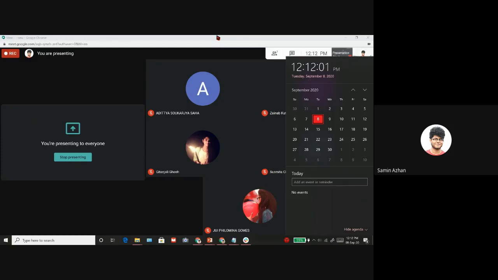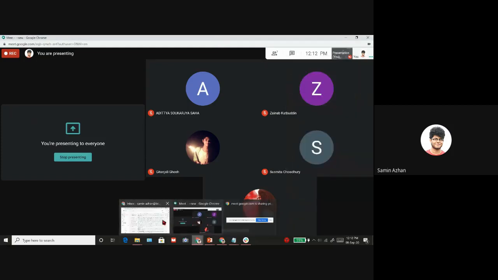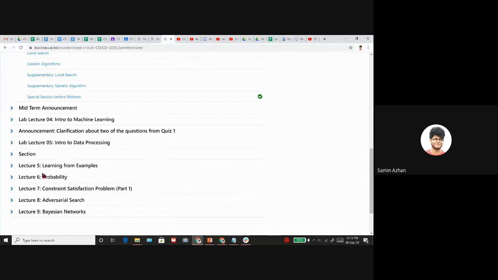I'll be picking up the pace a little more because we have to complete probability and then CSP and then adversarial search. And if we get time, we'll look at Bayesian networks as well. I'm not sure if we can cover that. We only have 4 classes.